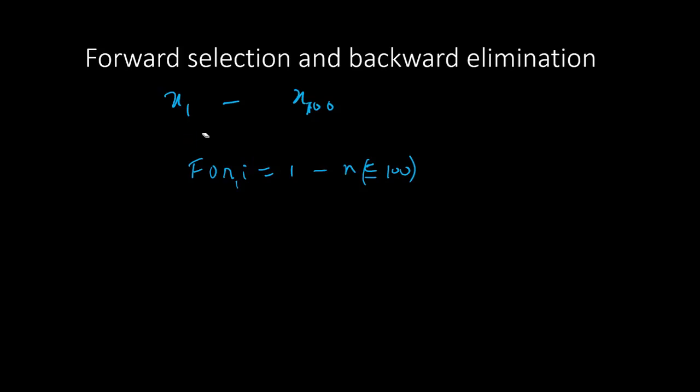So let's say your selected subset is S, which is empty, and your reserve subset R is x1 through x100. So this one has all of these. Sorry, it's a set.